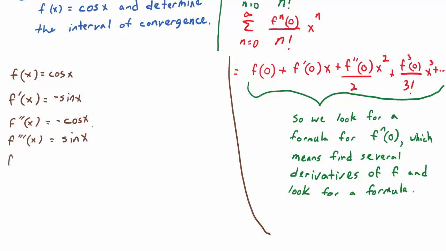Okay, I'm tired of using this prime notation, so the fourth derivative, cosine, and then we've brought it around all the way around, haven't we? That might be enough to see a pattern, but just in case, the fifth derivative, negative sine x again, and the sixth derivative, negative cosine x. Okay, I'm tired of this.